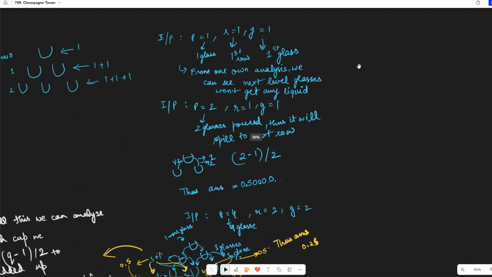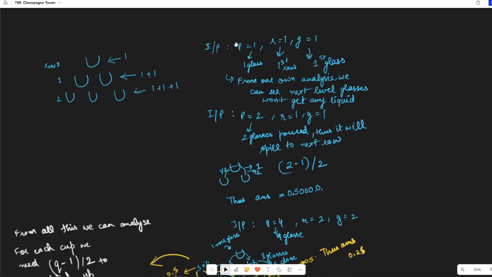So the input which is being given to us is poured equals 1, query row and query glass. So basically this would be the row and the glass for which we are required to give our answer. Now, as in the question it was mentioned that each glass can hold just one cup, right? So here these would hold at max 1 and this would also hold at max 1.